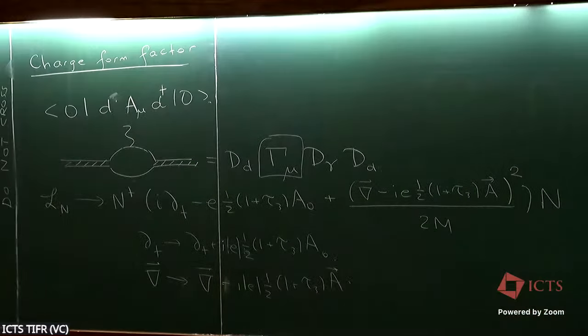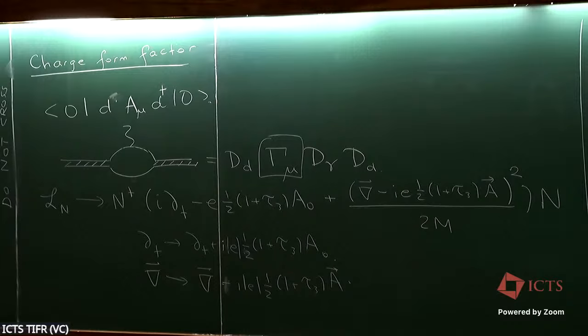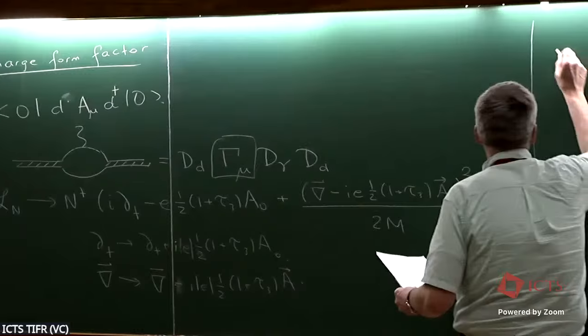So the first thing I'm going to do is look at the charge form factor. The charge form factor is the object that the electrostatic potential that's embedded in A0 couples to. So that means that I want to work with gamma 0.